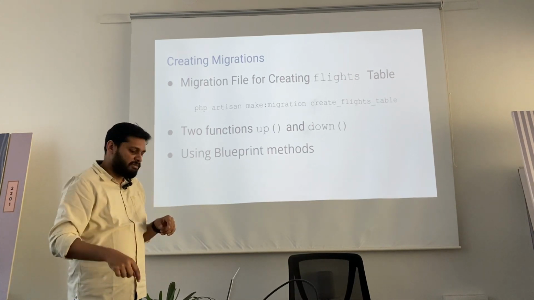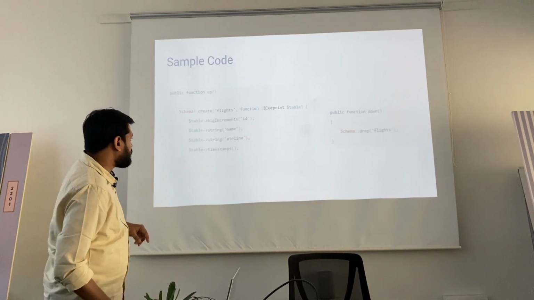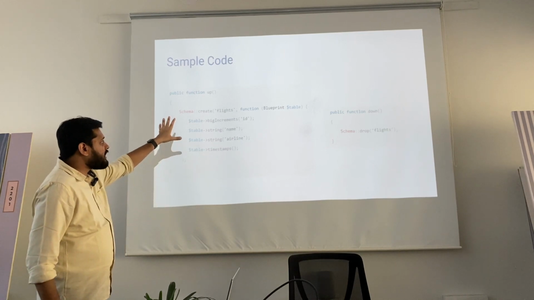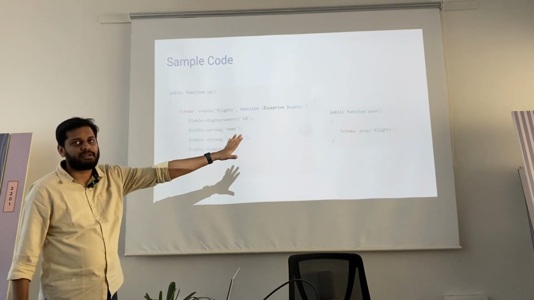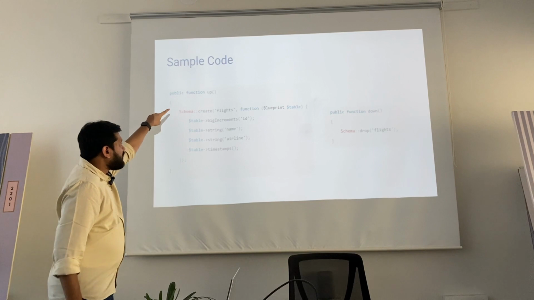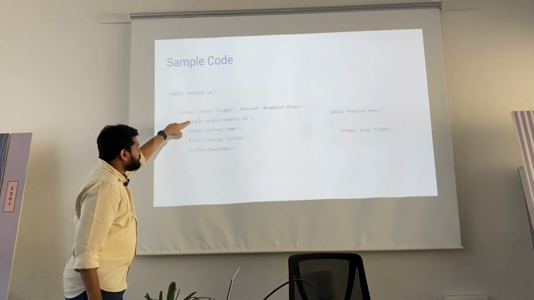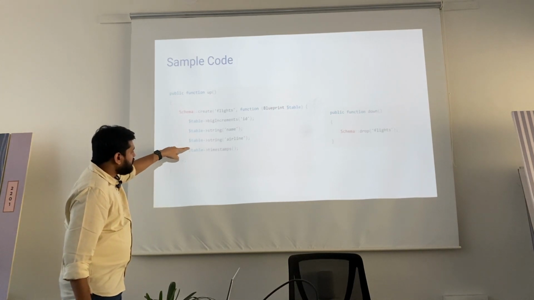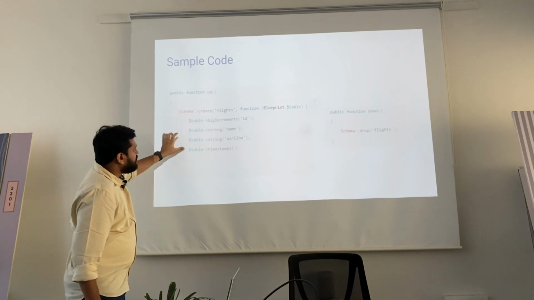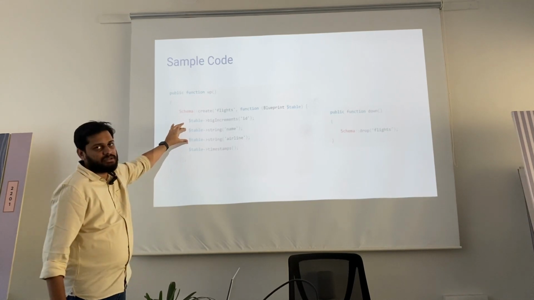I will show you an example in the next slide. It will be more understandable. So let's say, for example, this is the up method, that is the down method. In the boilerplate, we usually get this line, this line, this line, and this line. Obviously, in between, we have to add stuff.